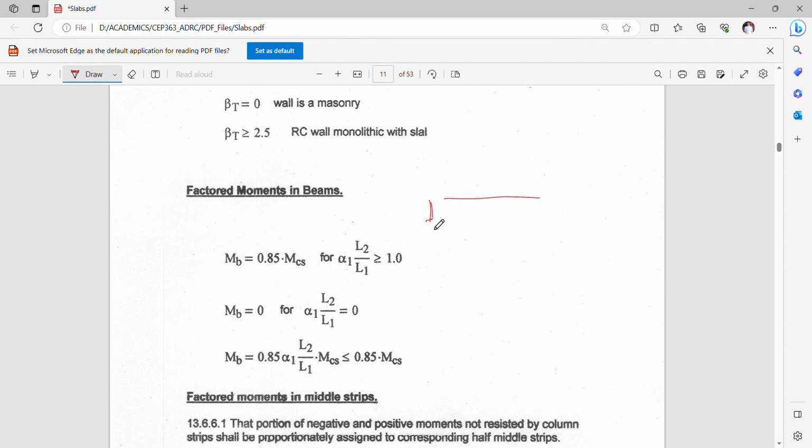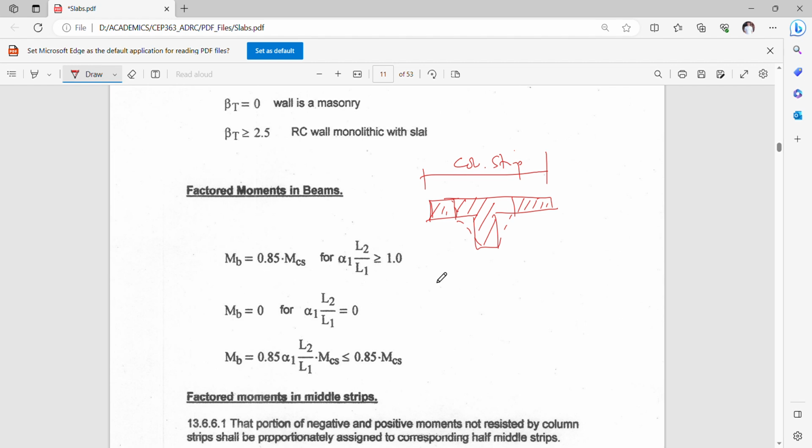So remember my drawing a while ago, wherein this is the beam part, and this is the column strip. So the column strip is composed of the beam part and the slab part. So you have to divide in terms of percentages the column strip into the beam part, which is MB, and the remaining is equal to MCS minus MB.